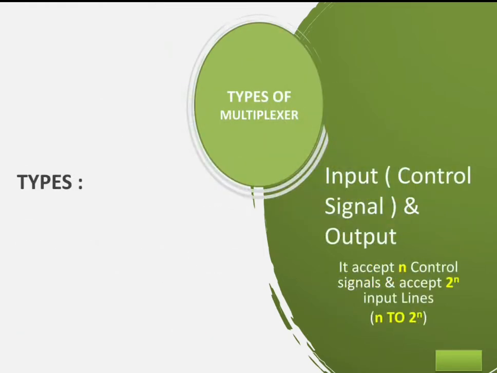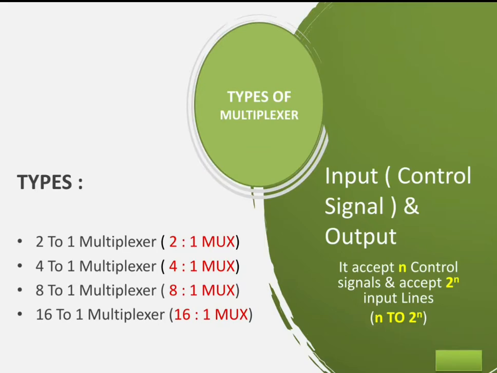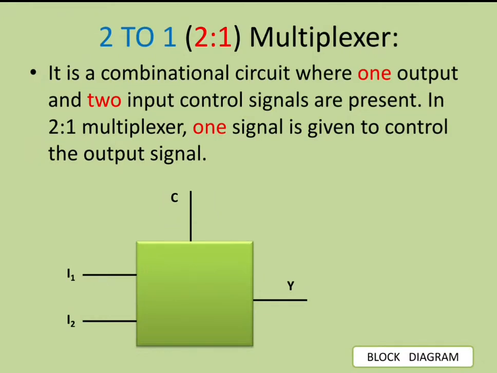Now see, we are having first type of multiplexer, that is 2:1. Then we have 4:1, then we have 8:1, and then we have 16:1 multiplexer. We are going to study all these multiplexers one by one with the help of block diagram, with the help of truth table.